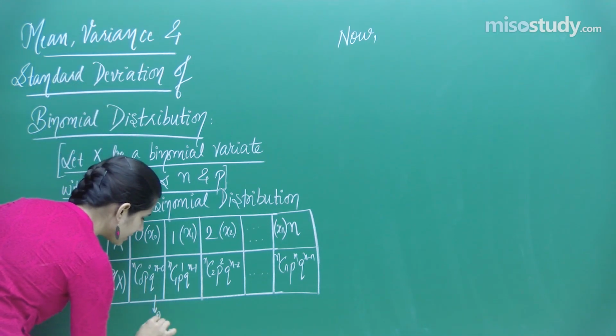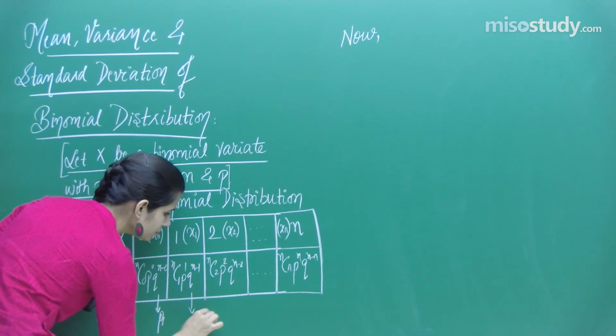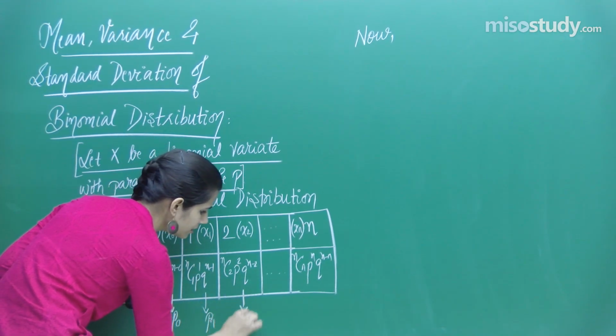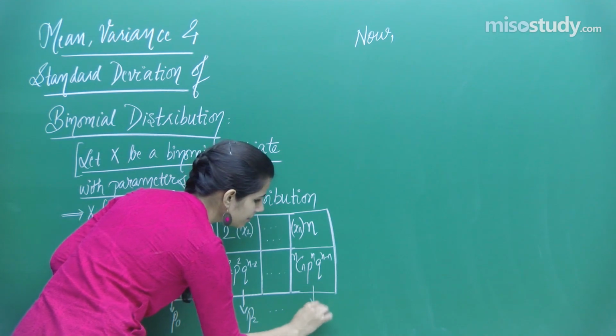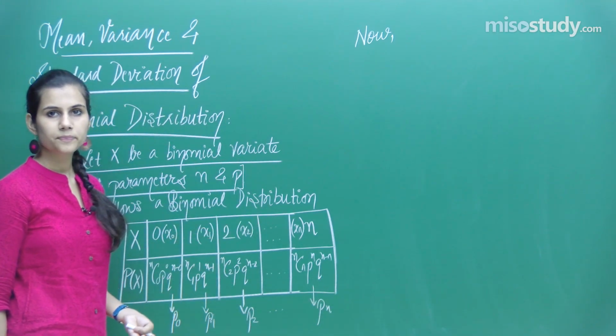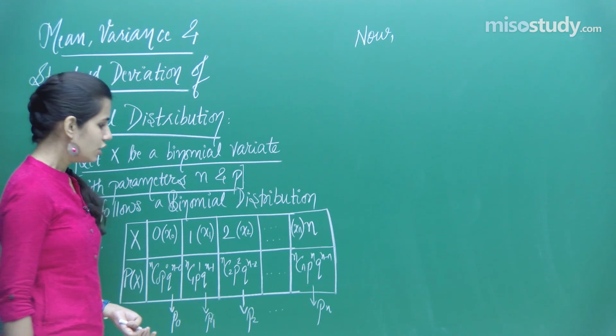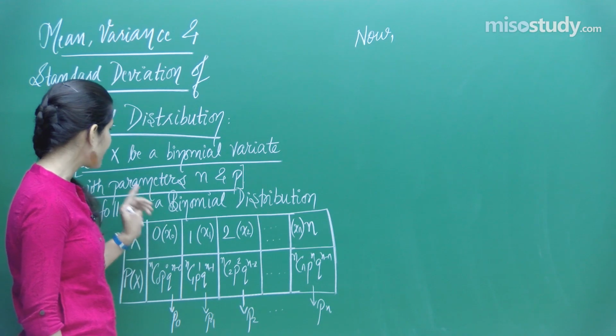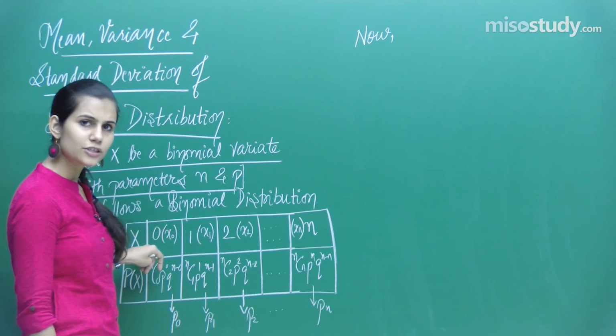And this is small p0, p1, p2 and so on, pn, which are the probabilities corresponding to all these values. Clear?